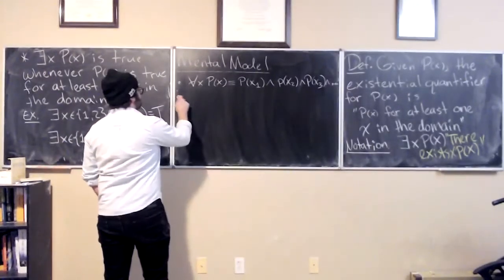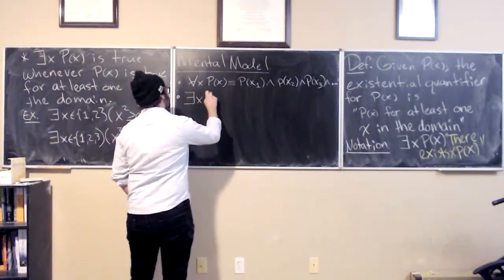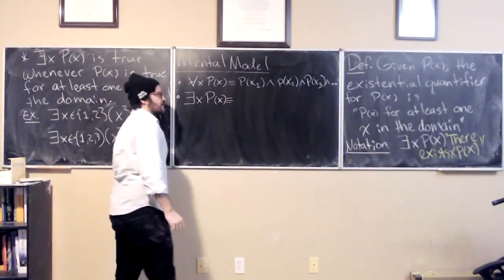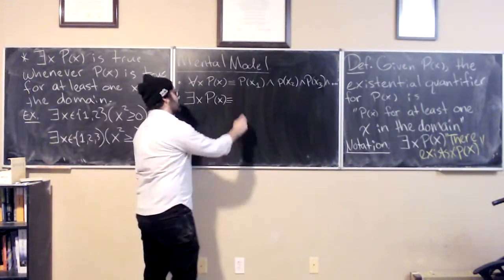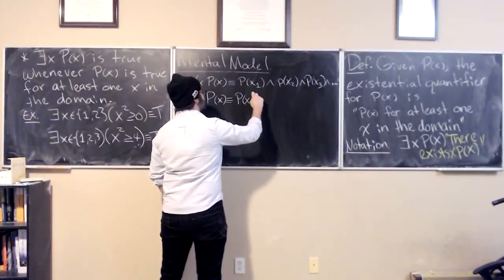In a similar fashion, the existential quantifier can be thought of as the disjunction over all elements in the domain of interest.